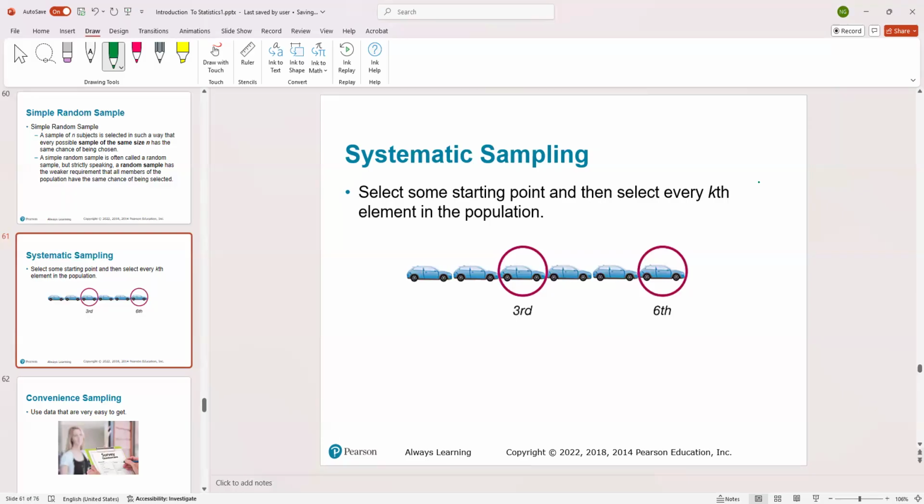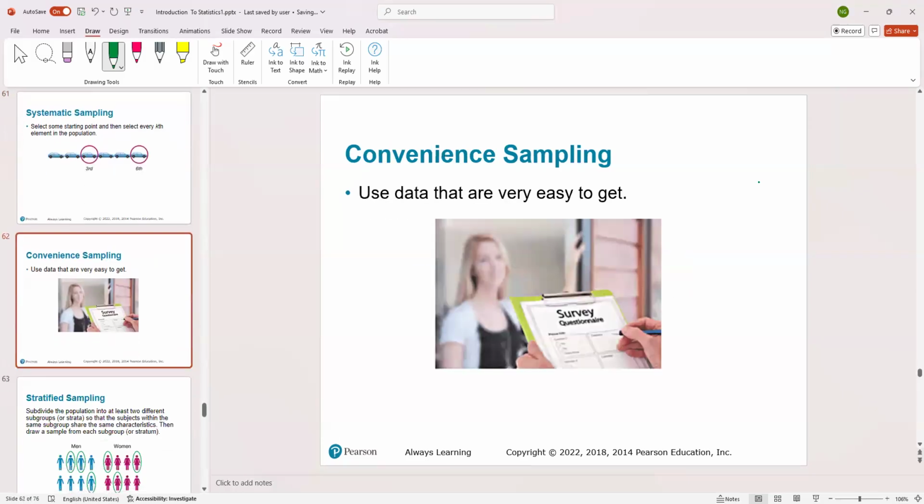An advantage of systematic sampling is that it is easy to use, though there is a concern in the case of any regularly occurring pattern in the data. That's the first one. So I would advise that you read these sections from the book.